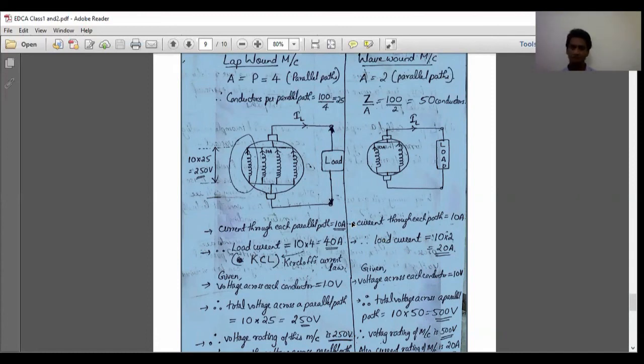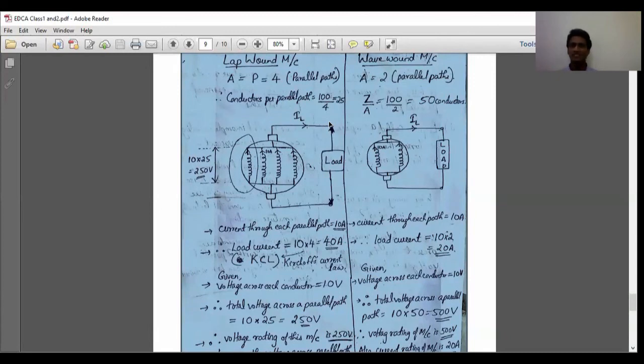Is that clear? How can you remember that point? Large current or high current rating. Whenever there is a larger number of parallel paths, more currents are joining to form the load current, so higher current will be present for that circuit. Keep that in mind and understand one thing.